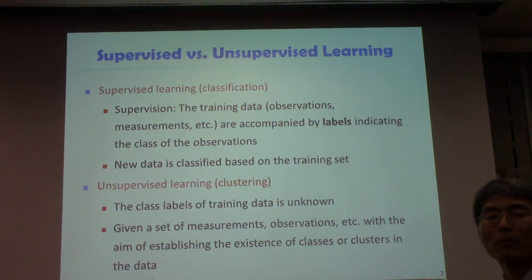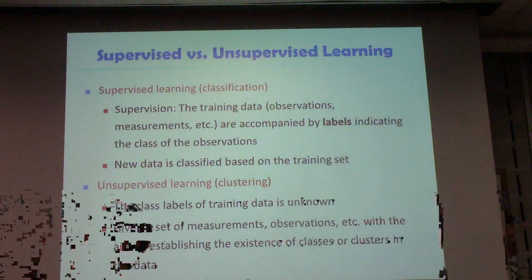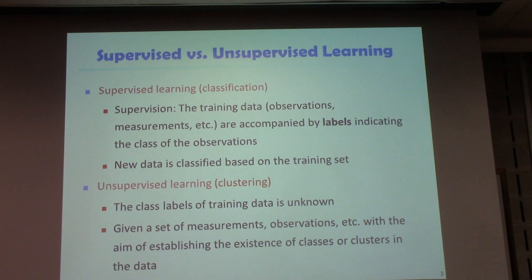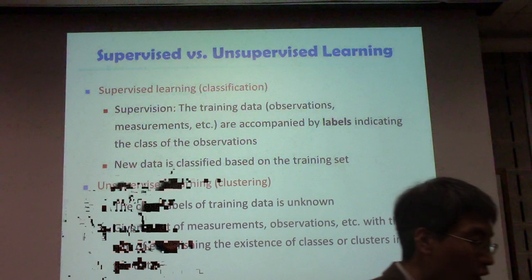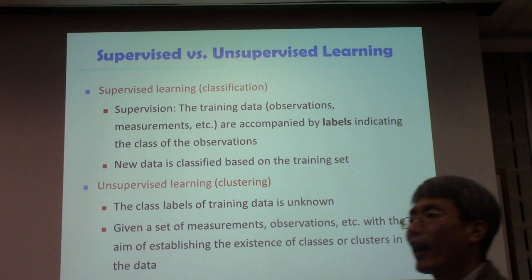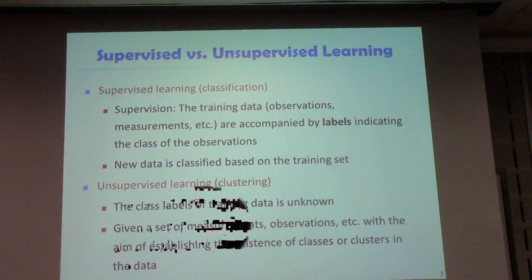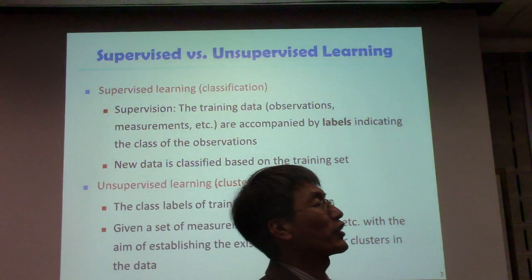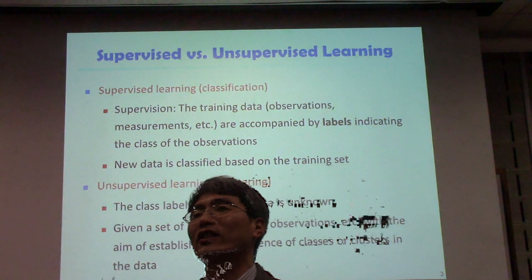K-means is unsupervised learning. And what does unsupervised mean? Without training, without help, without supervision. So we'd like to analyze the data itself without any labeled data, without any direction. Okay? We analyze data as it is.